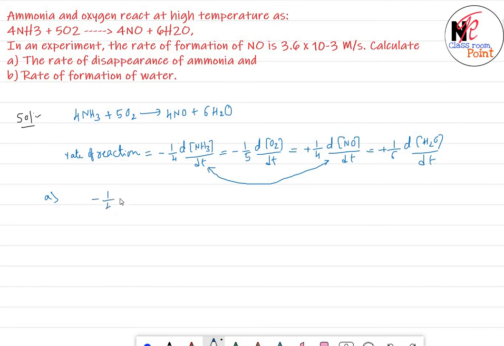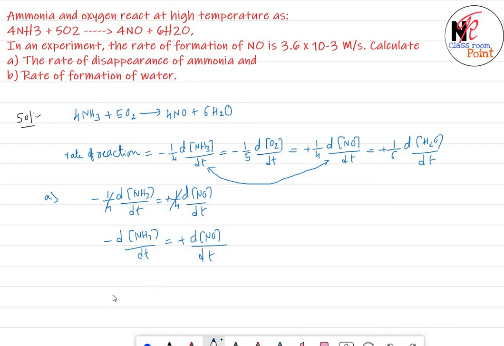So minus 1 by 4 d[NH3]/dt is equal to plus 1 by 4 d[NO]/dt. The 1 by 4 gets cancelled. So minus d[NH3]/dt is equal to plus d[NO]/dt, meaning the rate of disappearance of ammonia is equal to the rate of formation of nitric oxide.